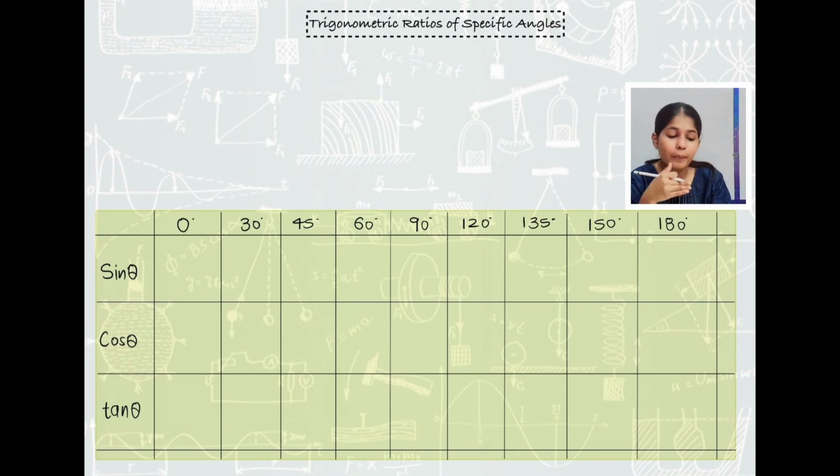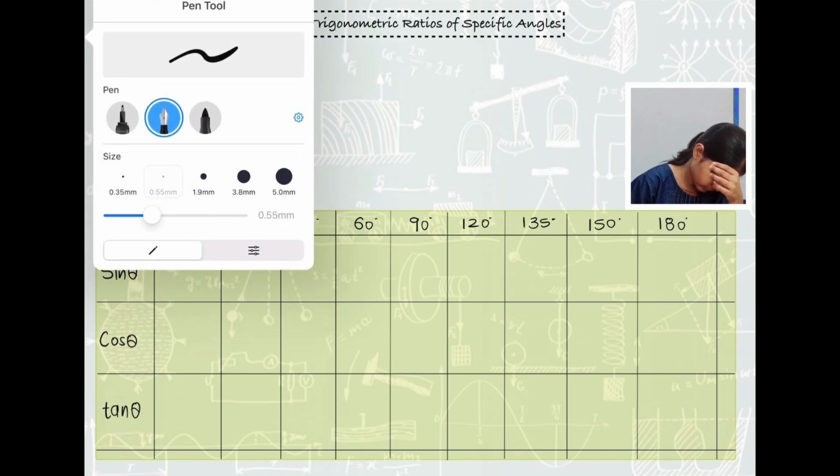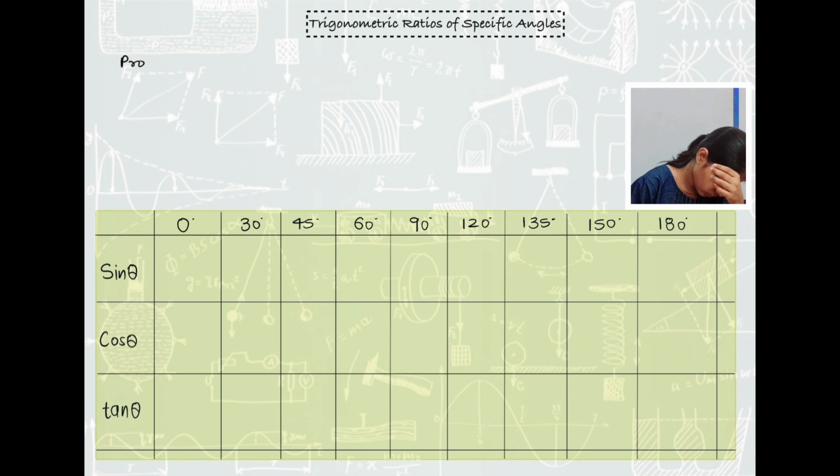Okay, image formed by a plane mirror. Properties of image formed by a plane mirror.